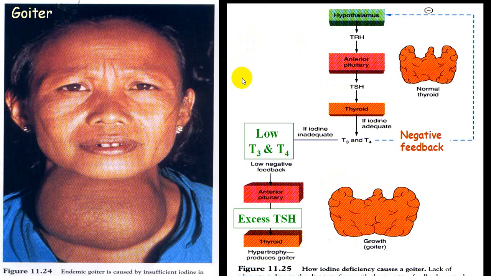So if a person has iodine deficiency, you will have low formation of T3 T4. Because of low formation, it will go on stimulating the anterior pituitary, which will release TSH, which will go on stimulating the thyroid gland, and you will have goiter formation, hypertrophy of the thyroid gland. We call that a goiter.